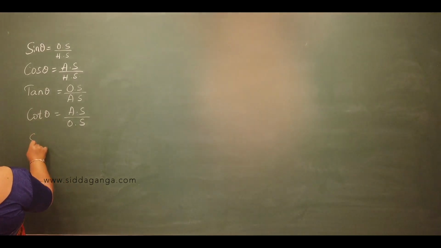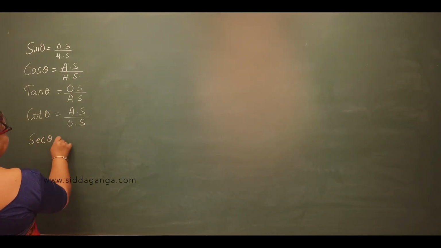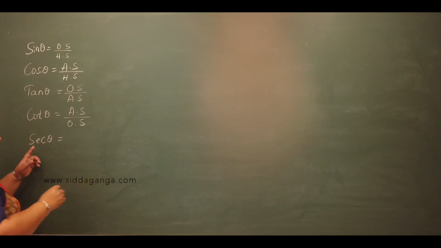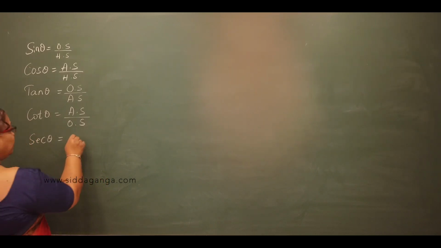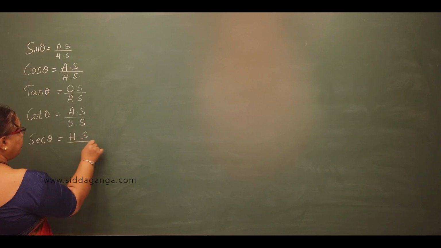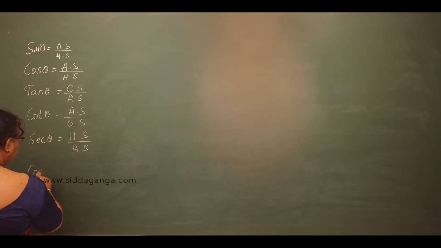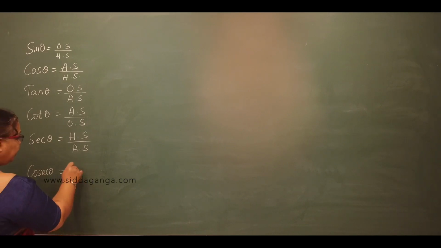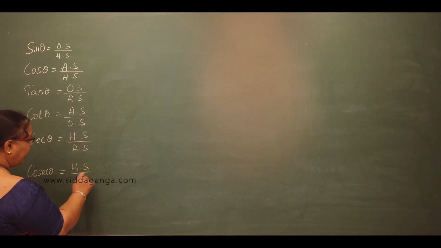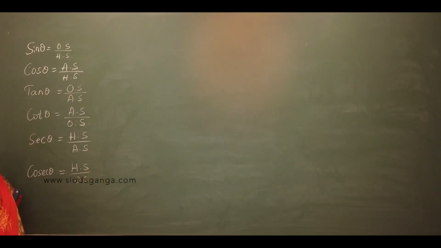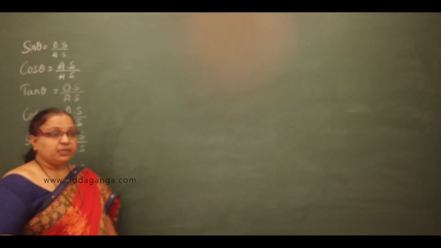Secant of an angle theta is written as sec theta, that is hypotenuse side divided by the adjacent side. The co-ratio of secant is written as cosec theta, and in terms of sides we have hypotenuse side by opposite side. These are the 6 trigonometric ratios in terms of sides.